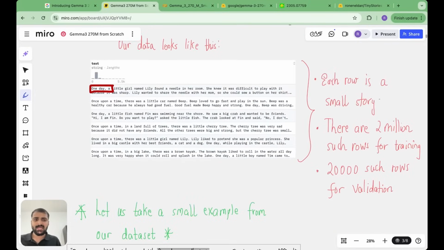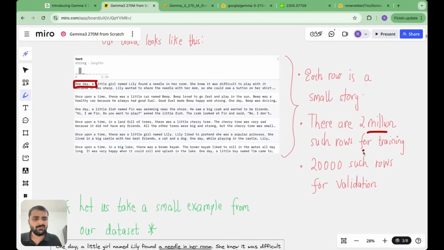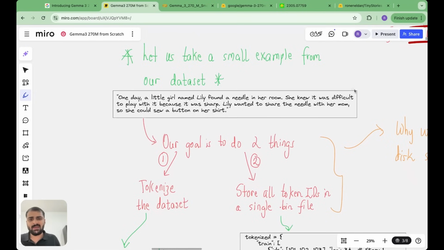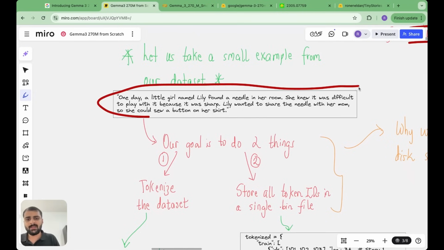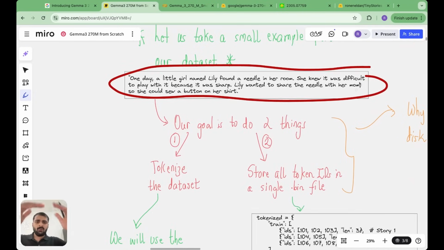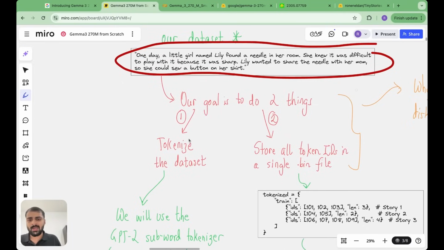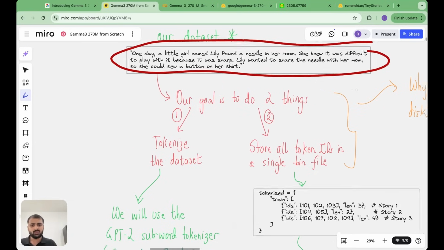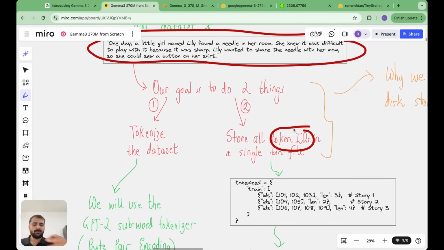So we have a task at hand, and the task is we have these 2 million such rows for training and 20,000 such stories for validation, right? If I focus on one single story at the moment, our goal is to do two things. We have to tokenize this story, which means that we'll need to convert it into individual elements, and then we'll assign a token ID to each of those individual elements, and then we'll have to store all of our token IDs somewhere.